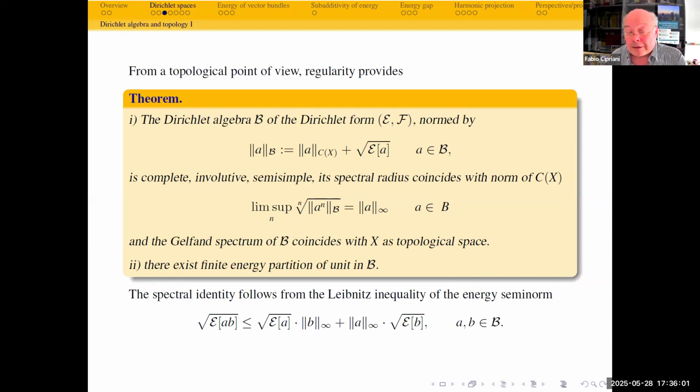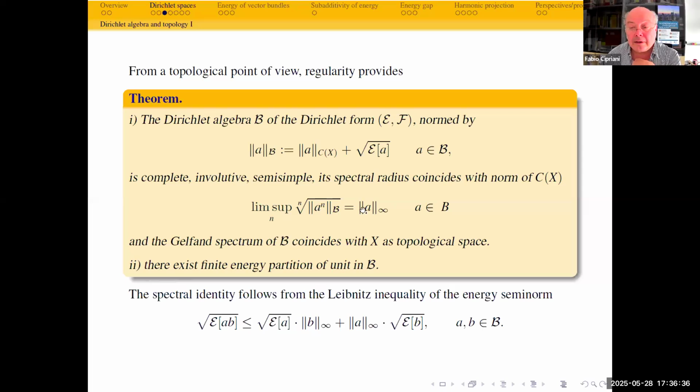Also, one can prove that there exists, for example, a finite energy partition of unity, which belongs to B. And so, all in all, this property suggests at least that one can use this algebra as a substitute of the algebra of smooth functions on a manifold or on a Euclidean space.